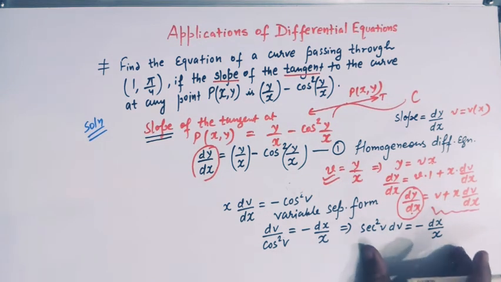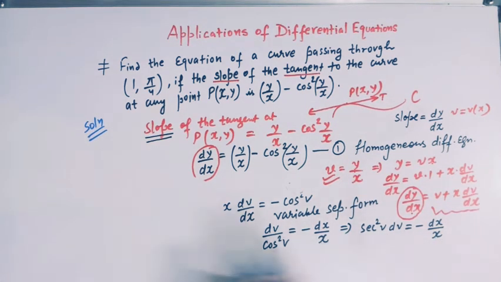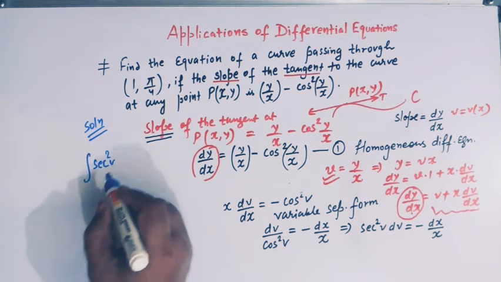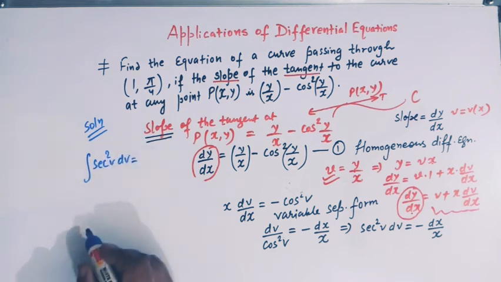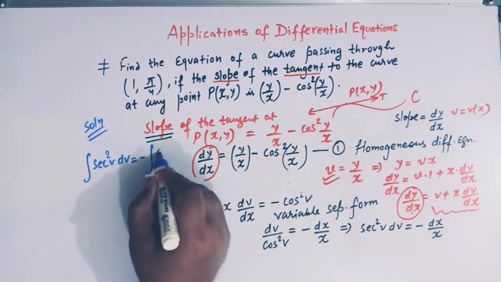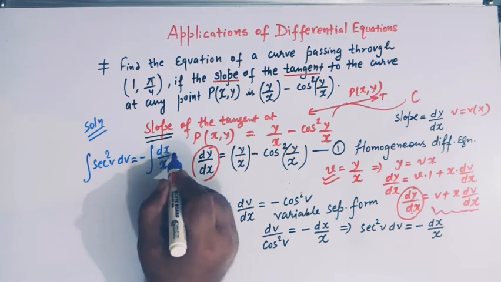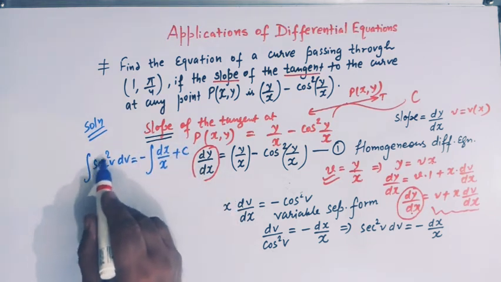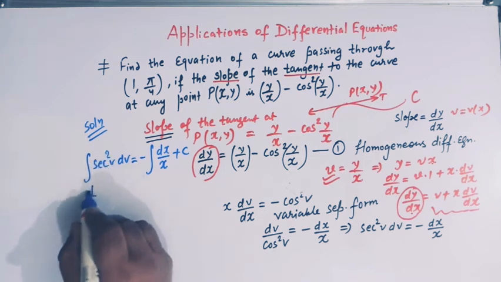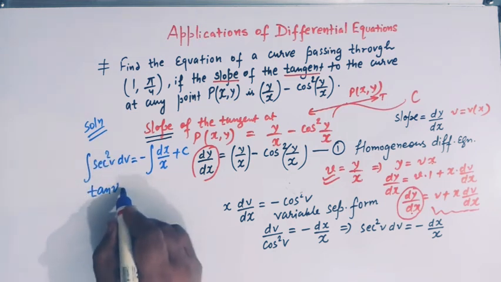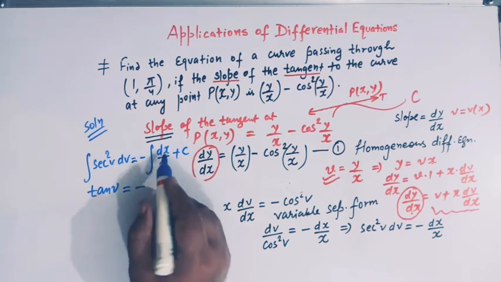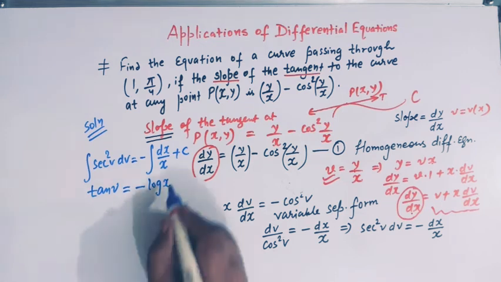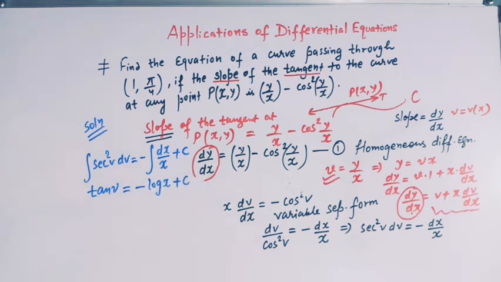Now integrating both sides, we'll have integral of sec square v dv is equal to minus integral of dx over x plus c, right? Now the integral of sec square v is tan v, right? And here we have integral of 1 over x is log x, right, plus c.